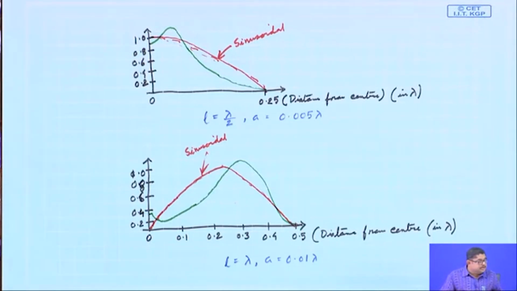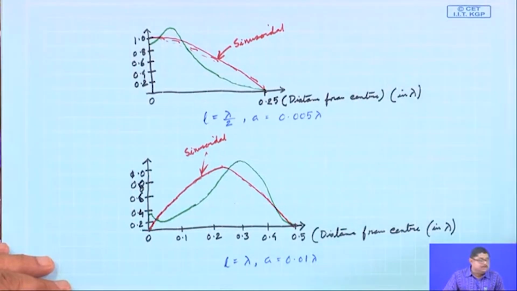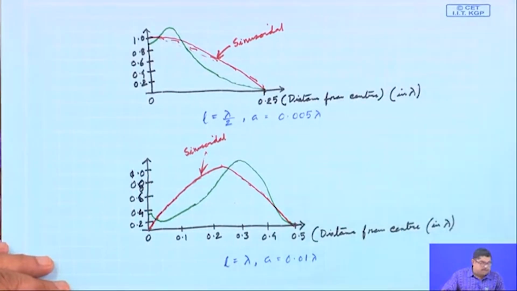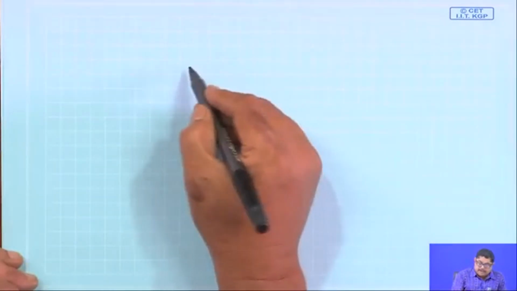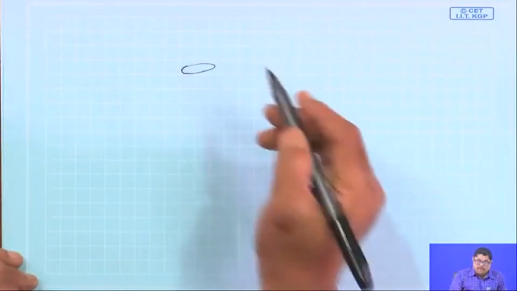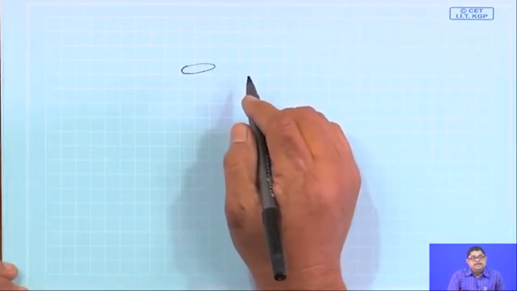So today's topic is numerical evaluation of the dipole current. Let us say that we have a dipole. In the earlier discussions we always neglected the finite radius of the dipole, but actually if I want to make a dipole, it will be a cylinder.